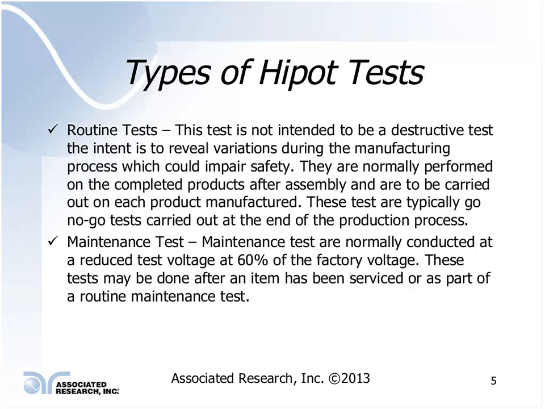A routine test is more of a go, no-go test. It's done at the end of your production process. It's normally done at a shorter time duration, where a type test might be done for a 60-second period of time, where your routine production line tests are normally done anywhere from maybe 1 to 5 seconds.